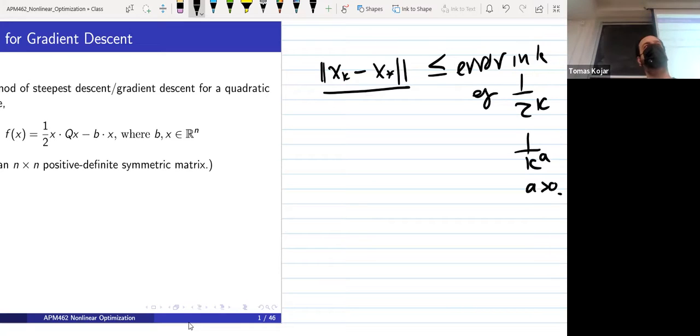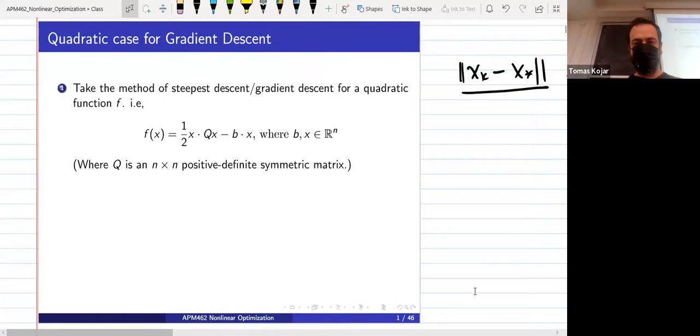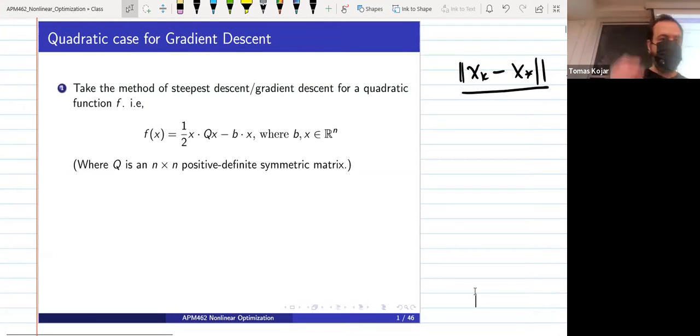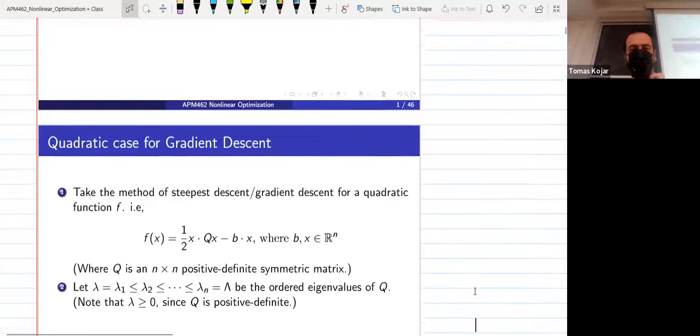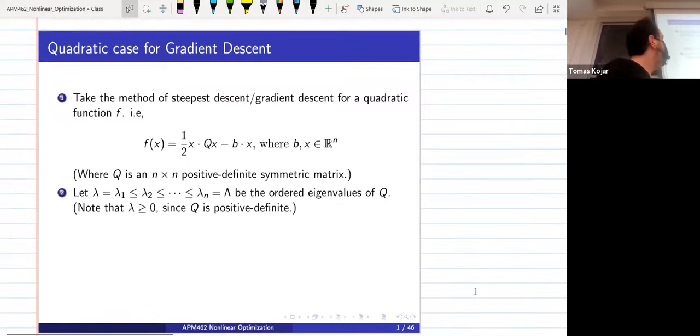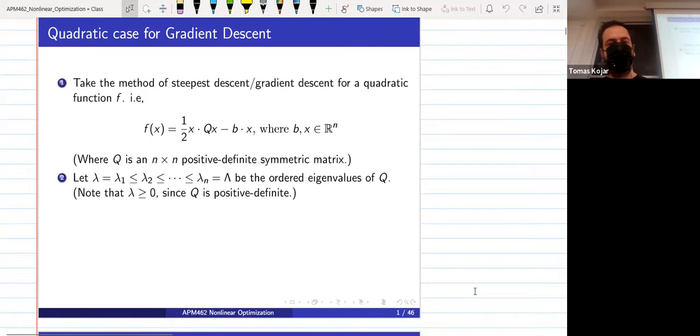I'll do now the matrix. All right. We take Q to be any symmetric matrix. We order the eigenvalues lambda 1 to lambda n. Capital Lambda is the biggest eigenvalue, and they're all non-negative.